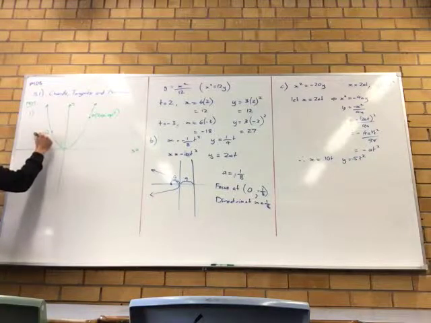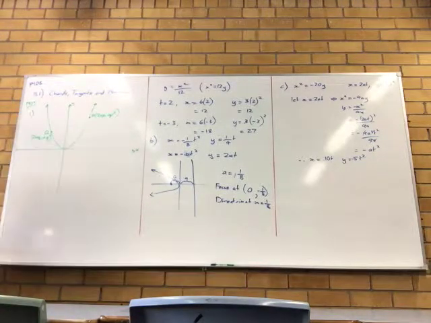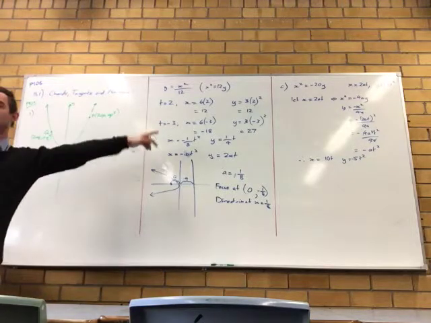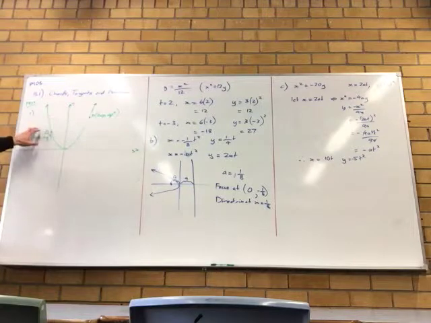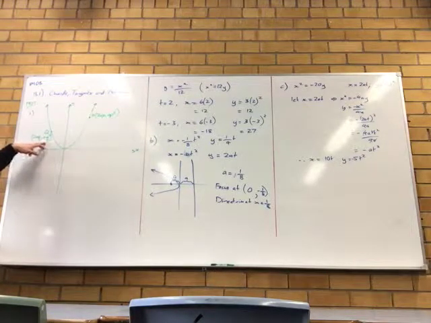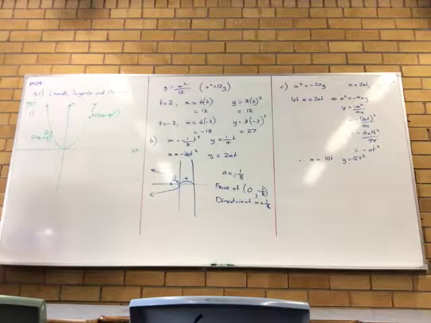Q is (2aq, aq squared). So just matching what we've done already in terms of the parametric equation involving the parameter t. But for the points specifically P and Q, we've got our own lowercase parameters. Okay, and the value of it will change depending on, obviously, the location of them.